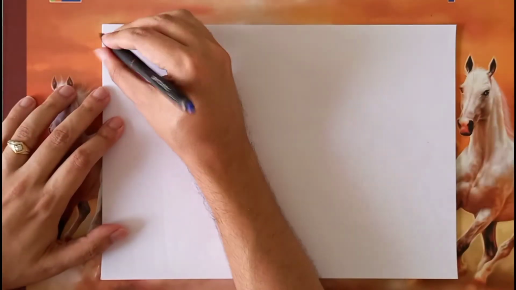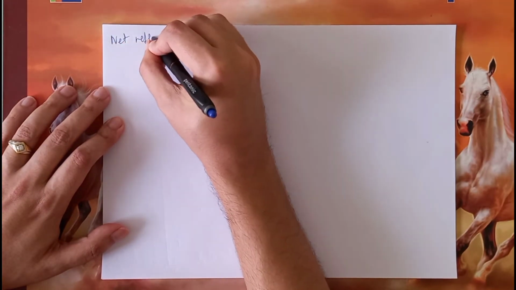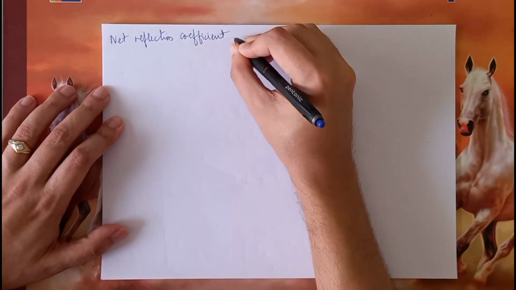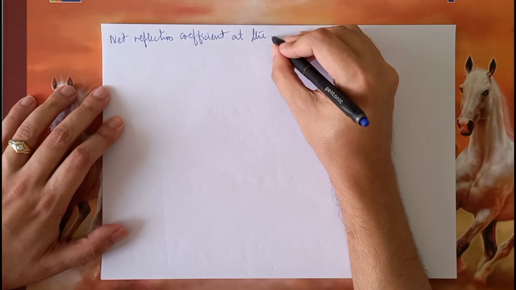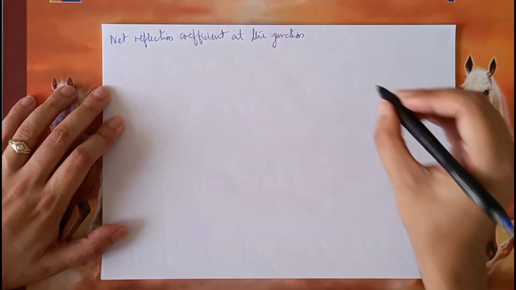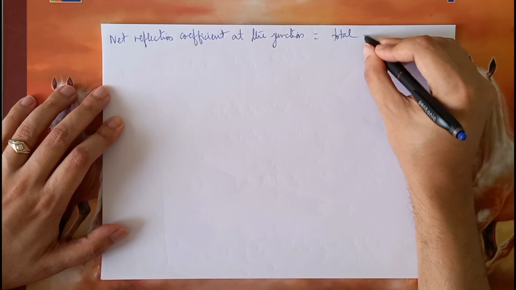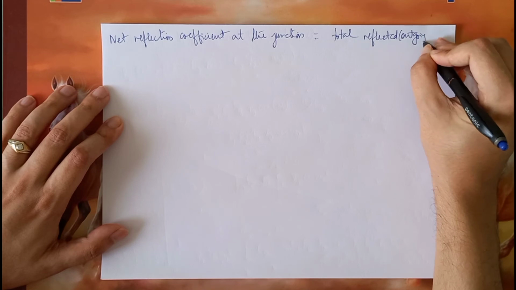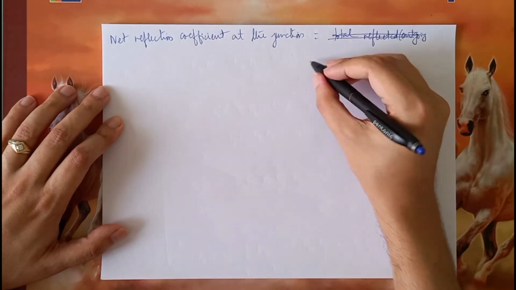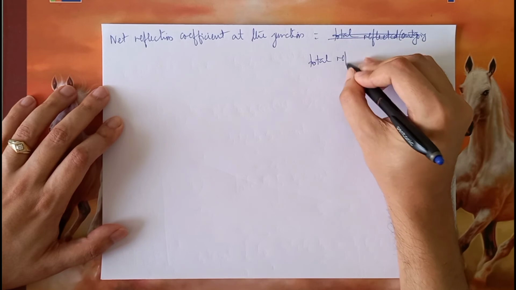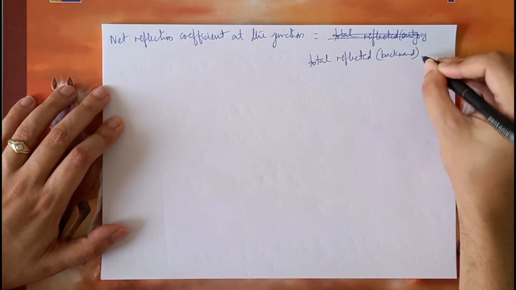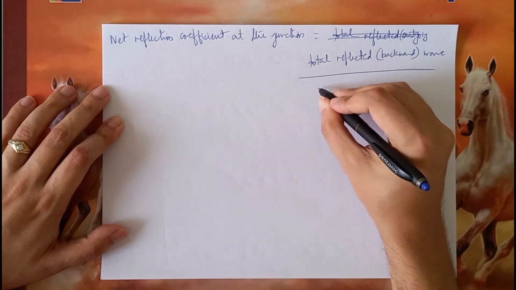So I will say net reflection coefficient at the junction, that is total reflected or backward wave divided by the incident wave.